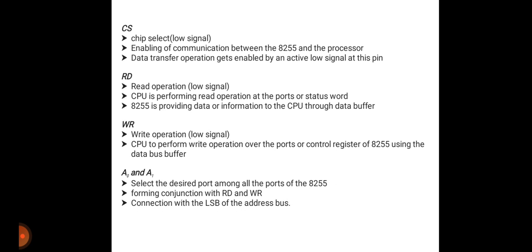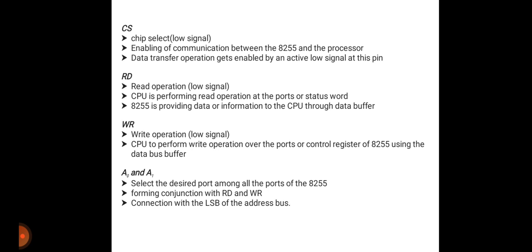So the next pin is CS. What is CS? CS stands for chip select, meaning it has a low signal at this pin. It shows the enabling of communication between the 8255 and the processor. More specifically, the data transfer operation gets enabled by an active low signal at this pin. The next pin is RD.